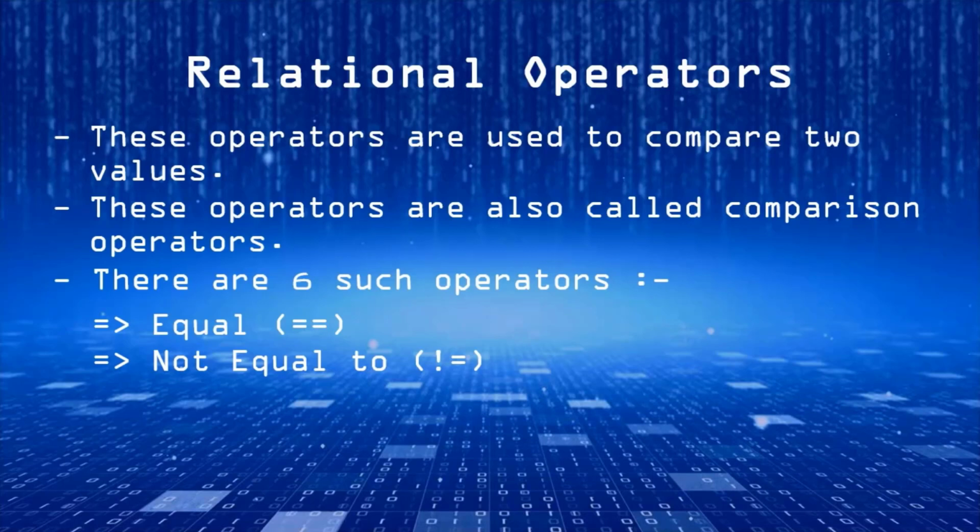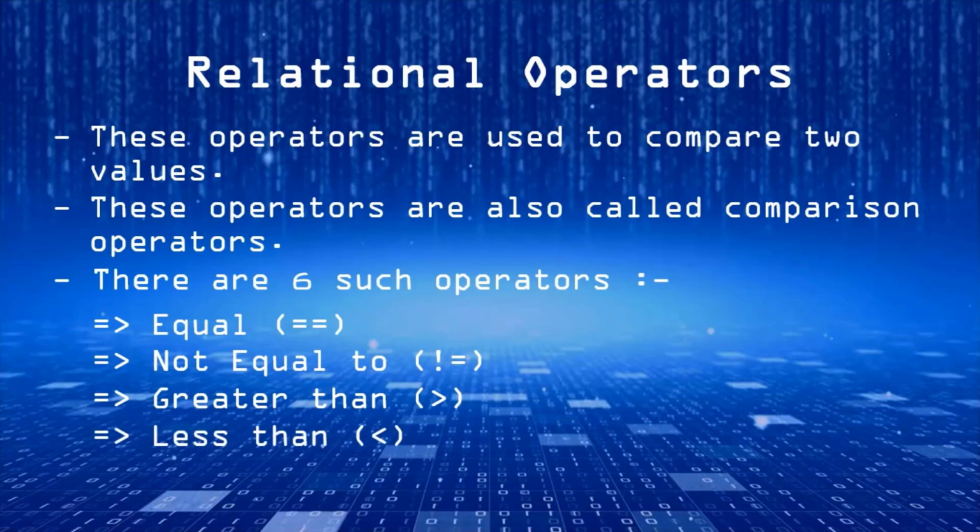We have greater than, which marks if one value is greater than the other. Then we have less than, which shows if one value is less than the other. Greater than or equal to, which will show if our value is either greater or equal to another value.